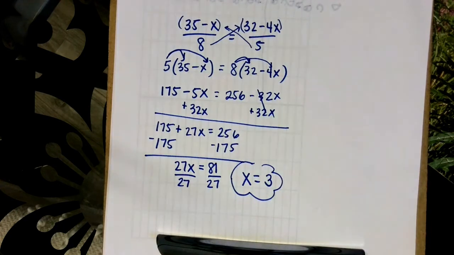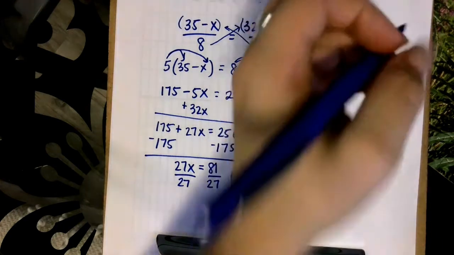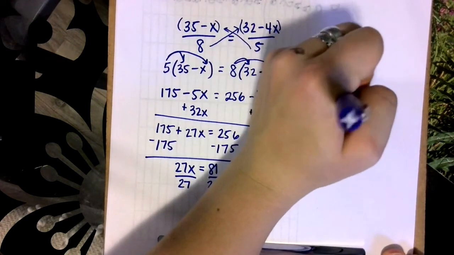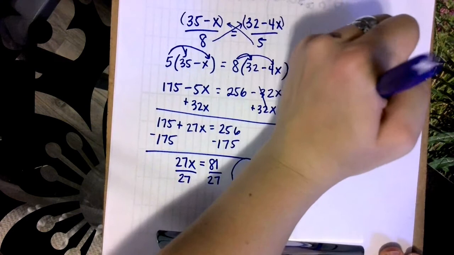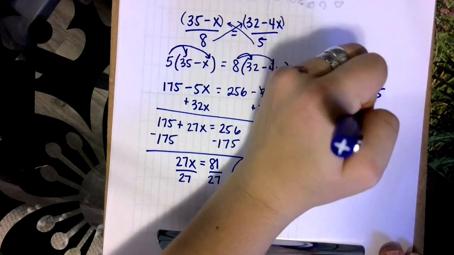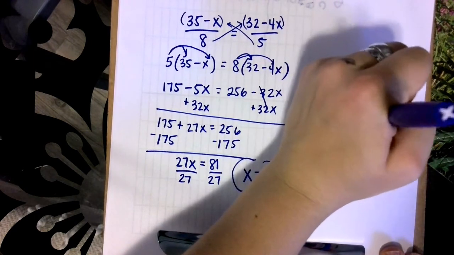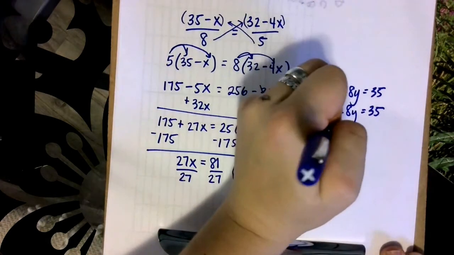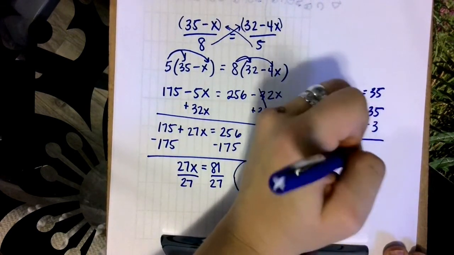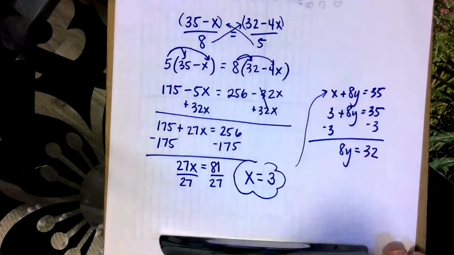prism weight, I need to plug it back into one of the original equations. So I'm going to plug this back into x plus 8y equals 35. So I have 3 plus 8y equals 35. Subtract 3, and I get 8y equals 32.